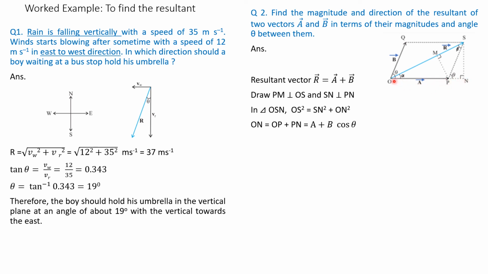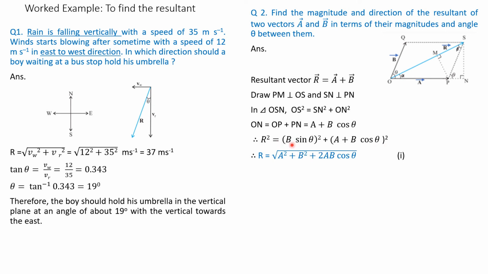So OP is vector A and PN is B cos theta. Therefore, R square is equal to SN square plus ON square, where SN is B sin theta. So R square is equal to B sin theta whole square plus A plus B cos theta whole square.